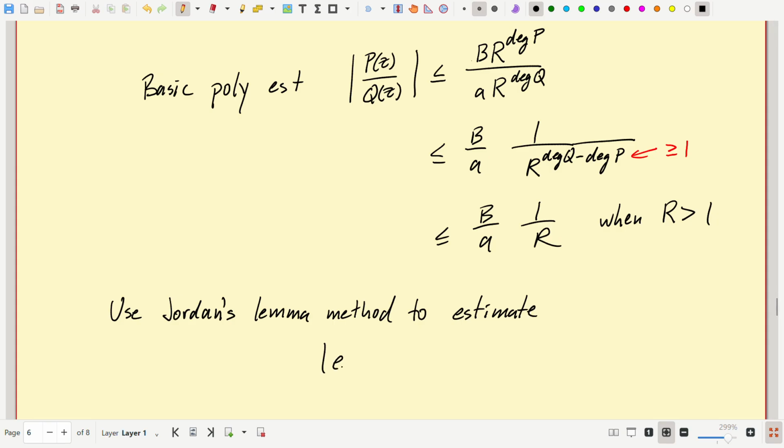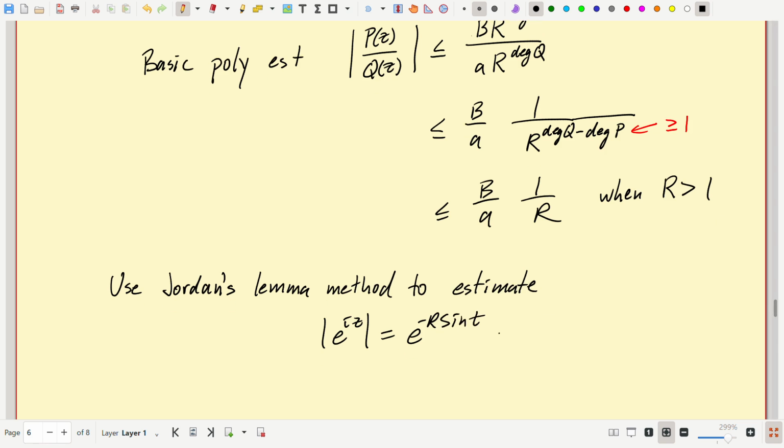You'd have a modulus of e to the i z equals e to the minus r sine t on the circle when you parameterize it. And so it all works out.